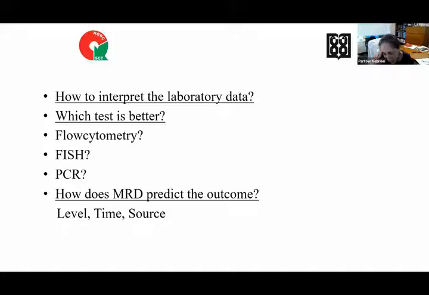So I always think that multimodality helps, and there are cases where it's very difficult to tell a malignant clone from a hematogone, and that's where it's helpful.